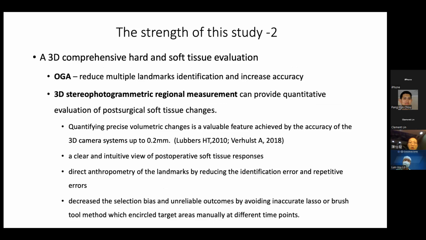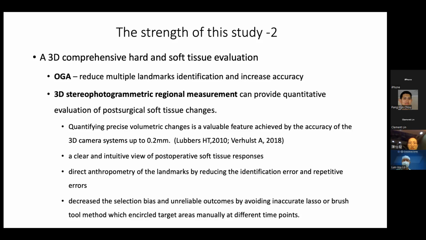And we also use 3D comprehensive hard and soft tissue evaluation. The first one is OGA version 2.0. We use this module to reduce multiple landmark identification and increase accuracy.